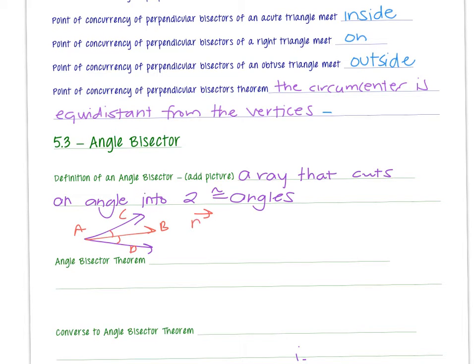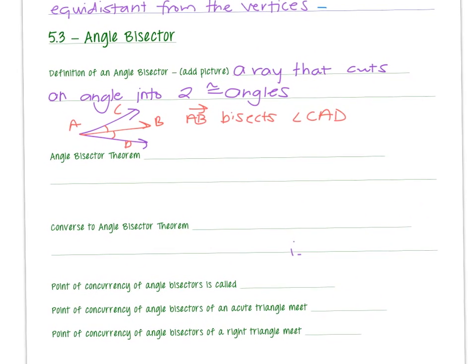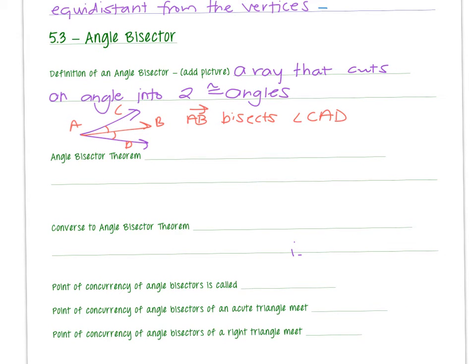So ray AB bisects angle CAD. And the angle bisector theorem said that if a point lies on the angle bisector, then what? Good.